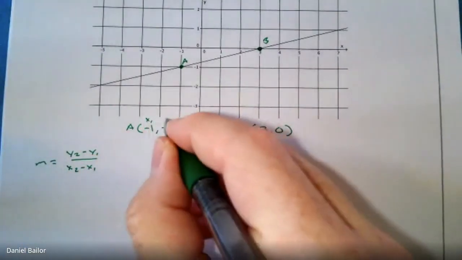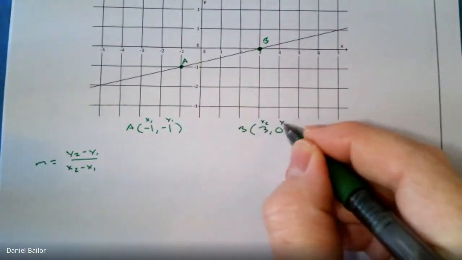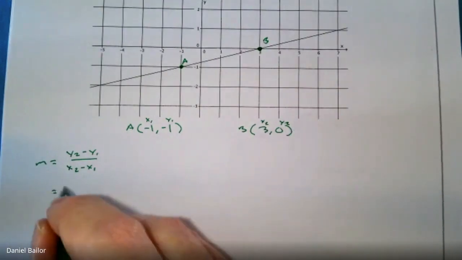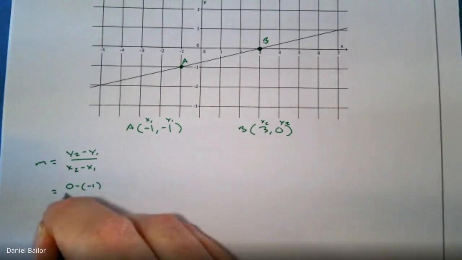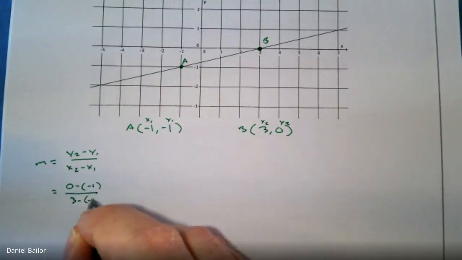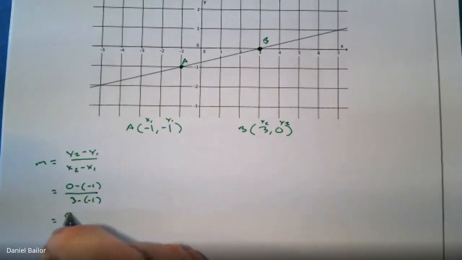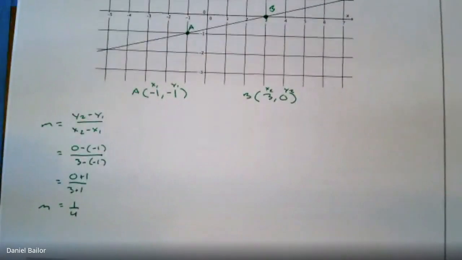Let's just do x1, y1, x2, y2. So y2 is 0 minus y1, which is -1, divided by 3 minus -1. That turns into 0 plus 1 and 3 plus 1. So your slope is 1/4.